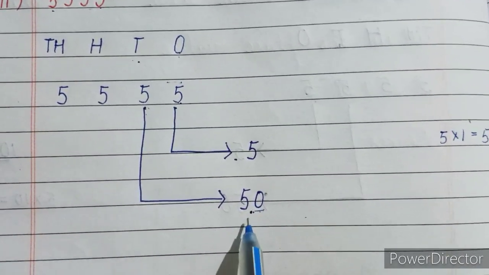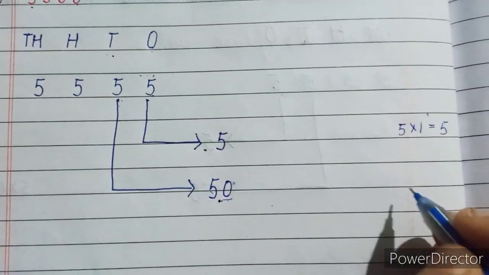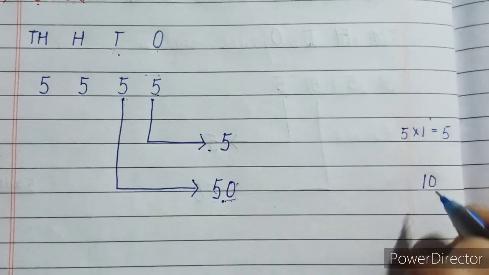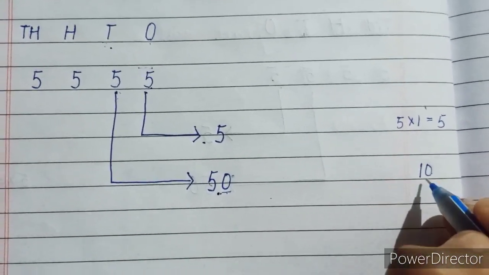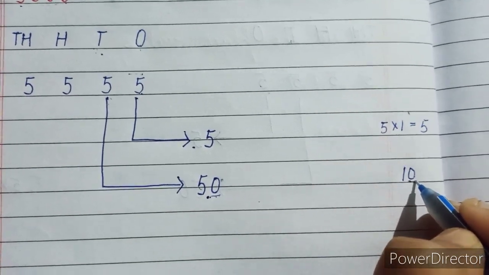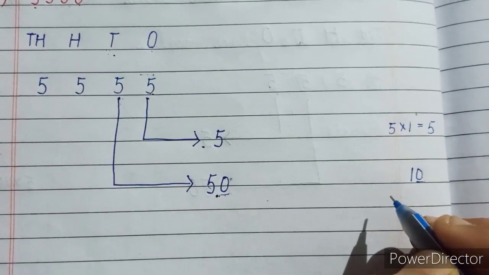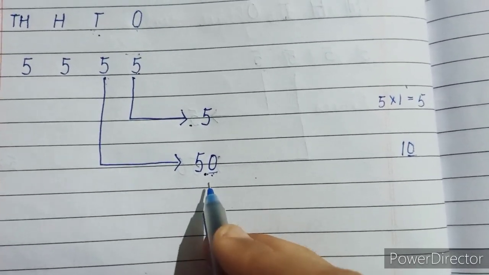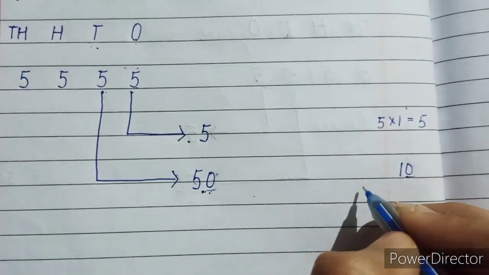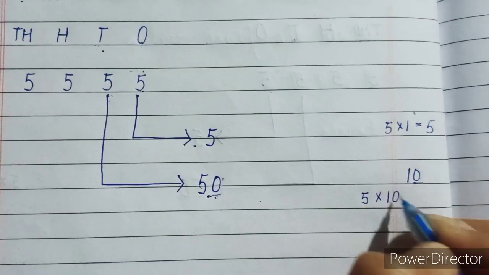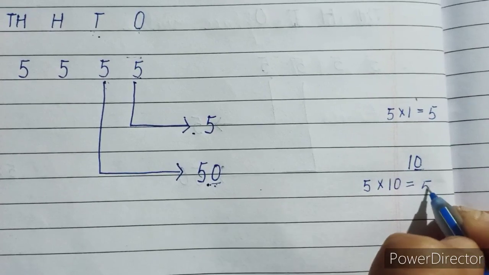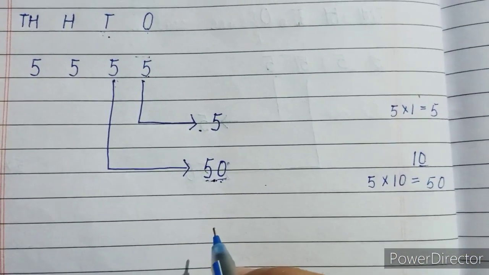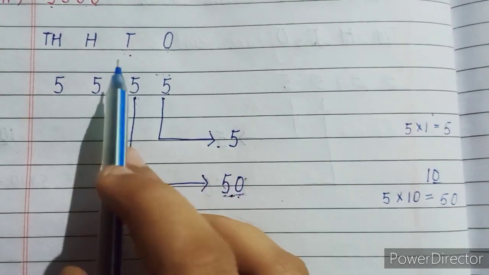We can also say that tens are written here. Tens means 10. How many zeros are there in 10? 1. We will put 10 here. So 5 tens are 50. So the place value of 5 is 50. Clear?